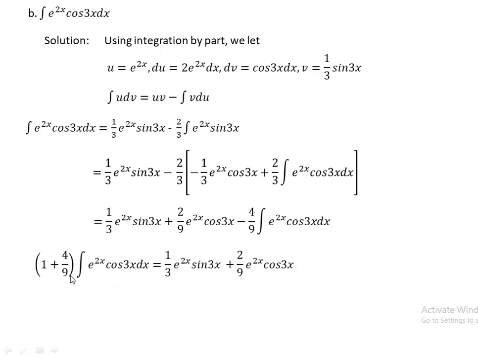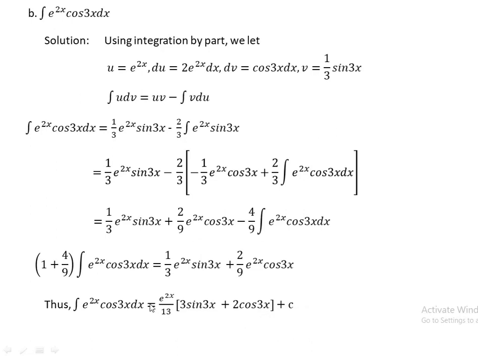But 1 plus 4 over 9 is 13 over 9, and by multiplying both sides by 9 over 13, we obtain that the integral of e to the power of 2x cos 3x dx, taking e to the power of 2x as a common factor, is equal to e to the power of 2x over 13, the whole times 3 times sin 3x plus 2 times cos 3x, plus c.